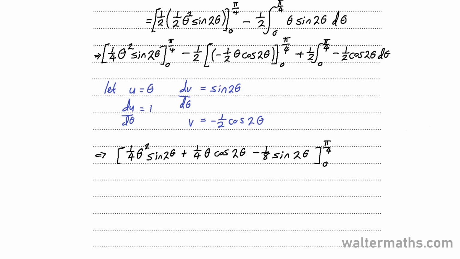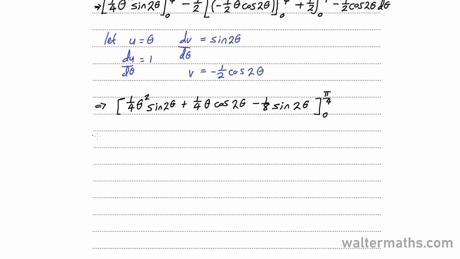So now we can simplify. Substituting pi over 4 into this whole thing, we'll have a quarter of pi over 4 squared times sine of 2 of pi over 4.